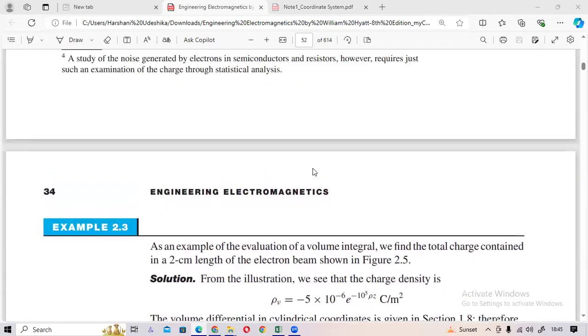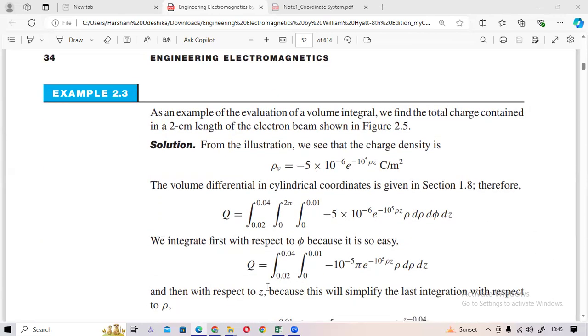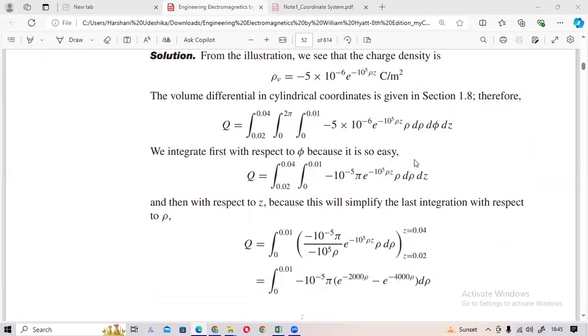I showed you how to find those volume and surface integrals when using rectangular coordinates, spherical coordinates, and cylindrical coordinates. Those are different from each other.